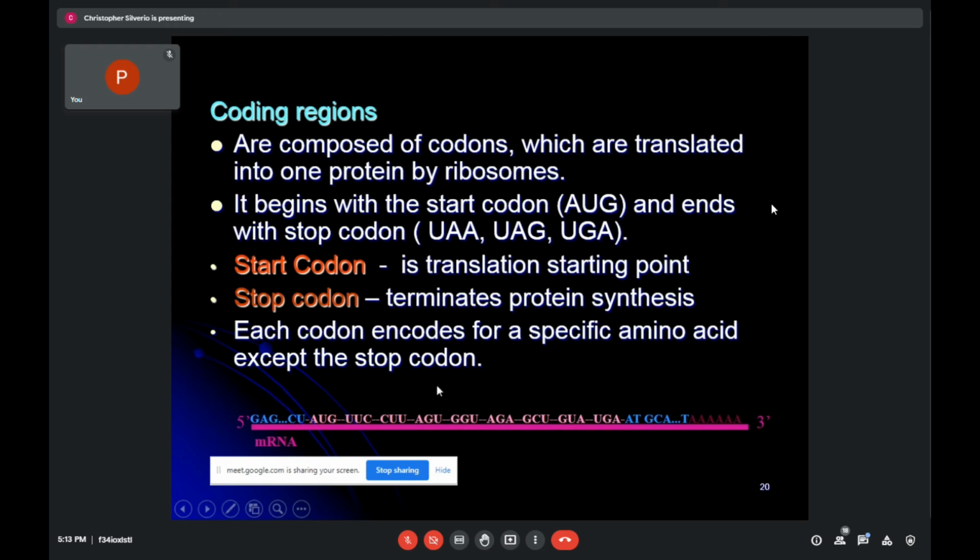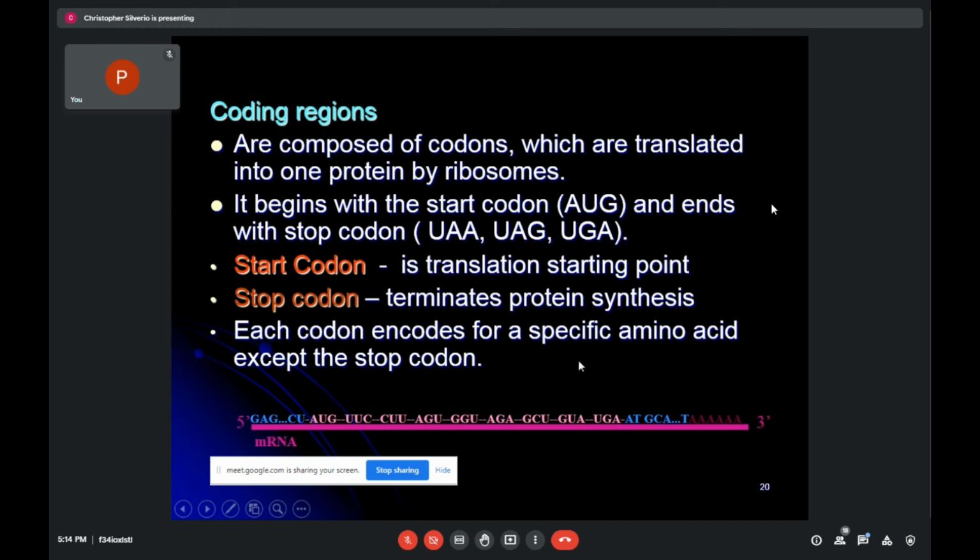That is why, class, you bring the genetic code. Next meeting, that will be your assignment. Bring the genetic code and learn how to interpret it, what amino acid each codon represents.